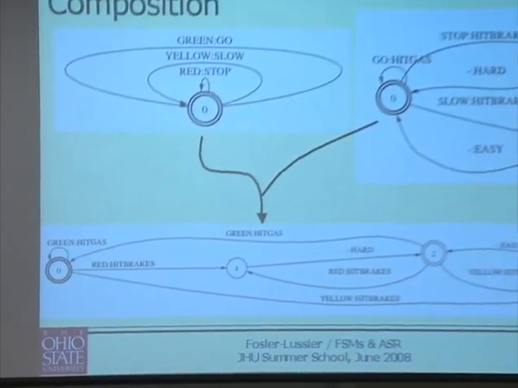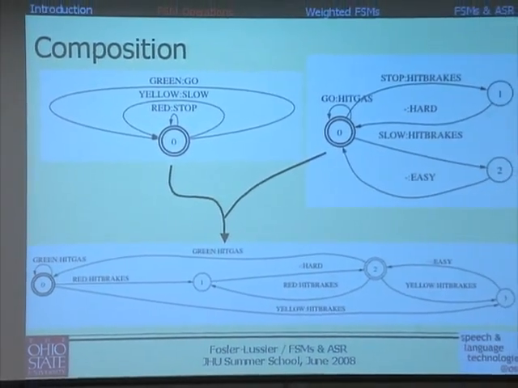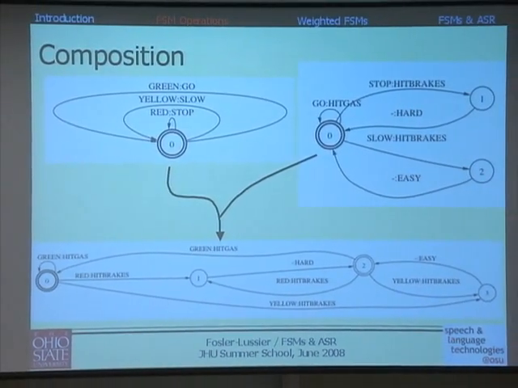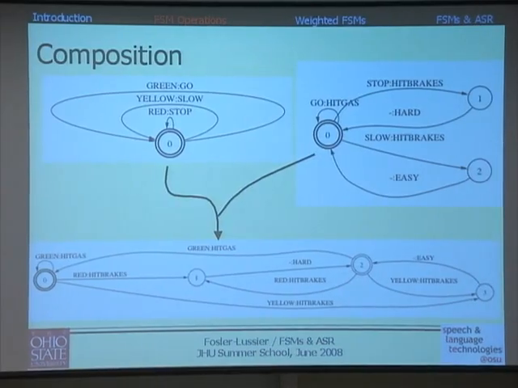Okay, so this is a leftover from when I was in New Jersey and driving in New Jersey, and you come up to a stoplight. And actually this is more the Ohio model, which is yellow goes to slow as opposed to speed up, right? But okay, so you've got green goes to go, yellow goes to slow, red goes to stop, right?